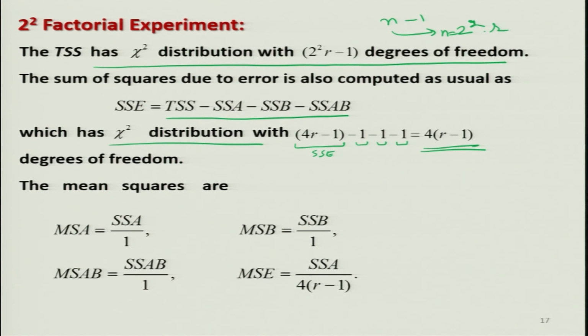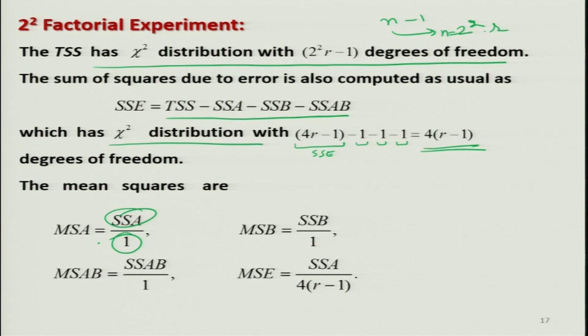And now you have obtained all these sums of squares, so you can also obtain the mean squares due to A, B, AB and E, just by considering the sum of squares due to A divided by the degrees of freedom 1.